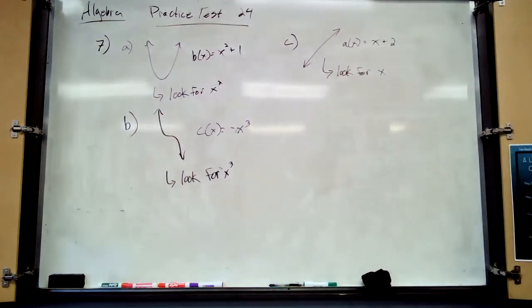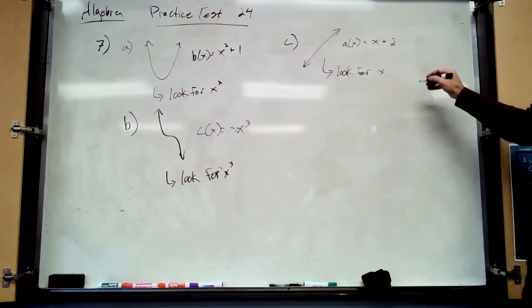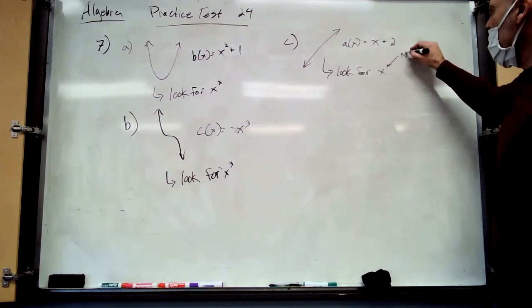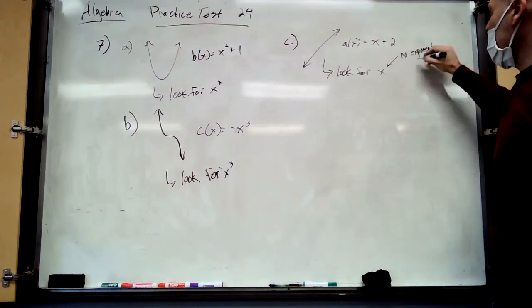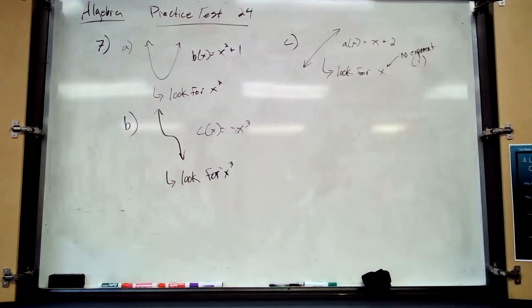It could be y, or it could be like L or Q, whatever variable it is. But there's no exponent. Really, the exponent is 1, right? Okay.